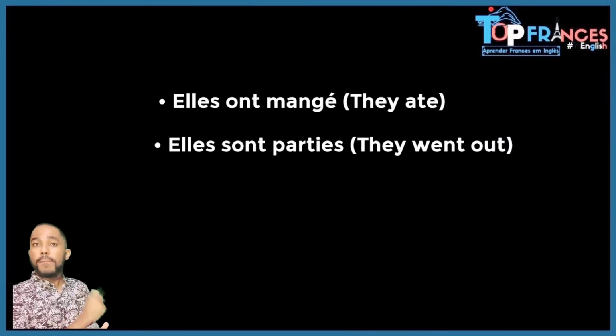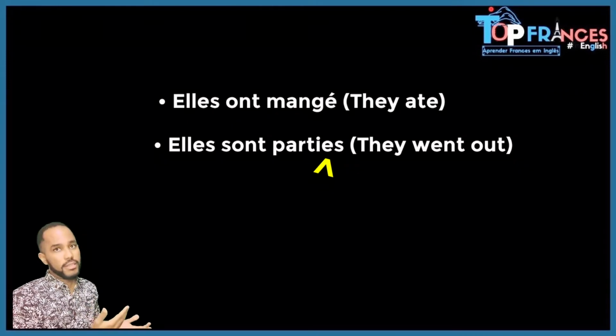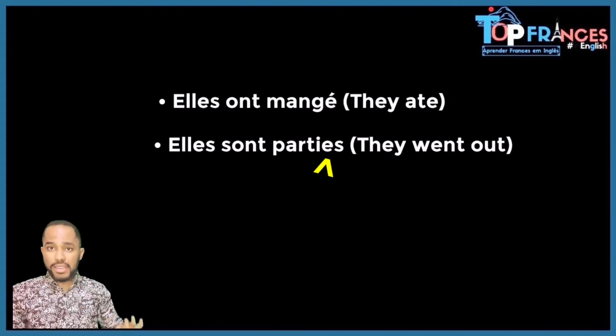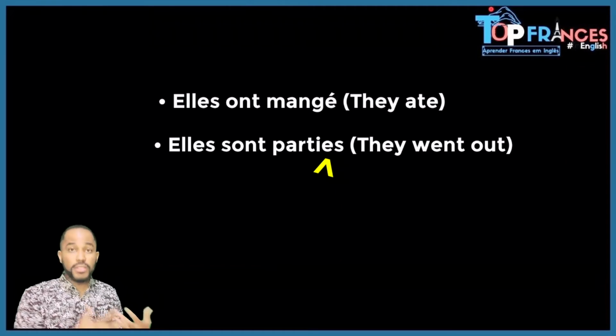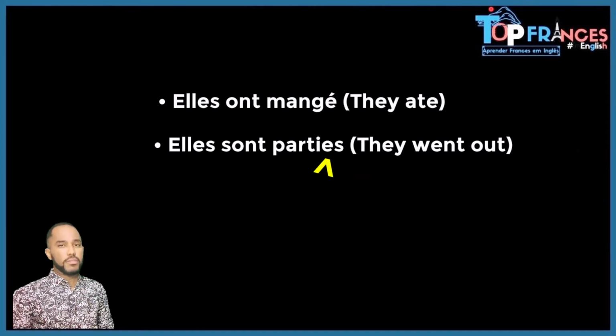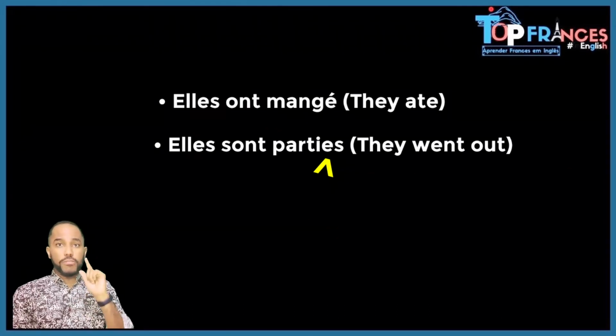You see? Partie, I'm putting ES: E because it's feminine and S because it's plural. So only when we use the passé composé with the auxiliary être do we use these rules. Now let's go with some exercises to fix it.